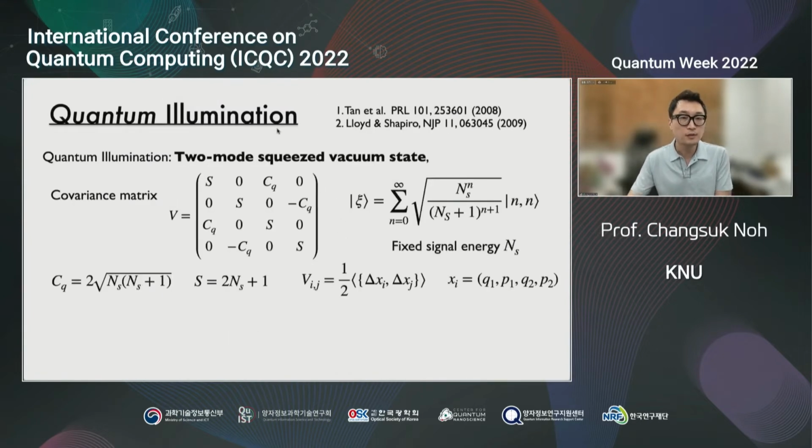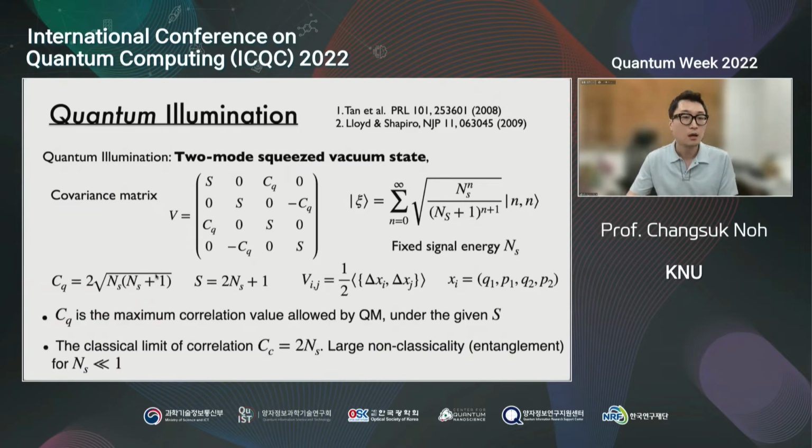In quantum illumination, we use the two-mode squeezed vacuum state, which is a Gaussian state. So we can describe it using a covariance matrix, which is defined like this, but that's not important. The diagonal elements are given by essentially the signal photon number. The off-diagonal ones describe the correlations between the two modes, and they're given by this quantity. It turns out that this is the maximum correlation allowed by quantum mechanics under the given diagonals.